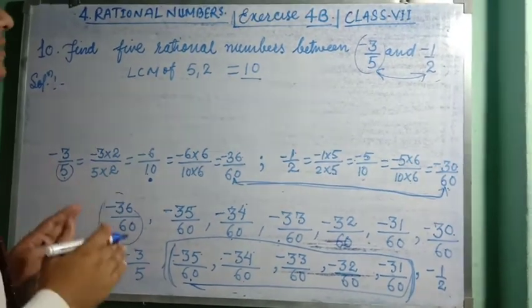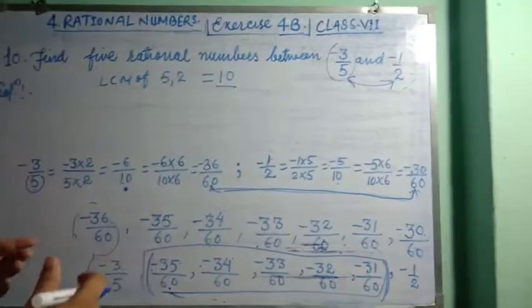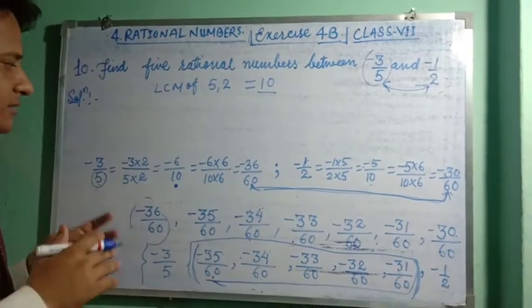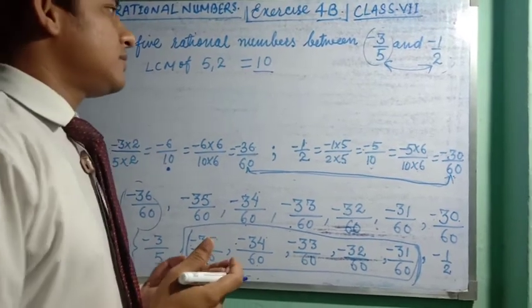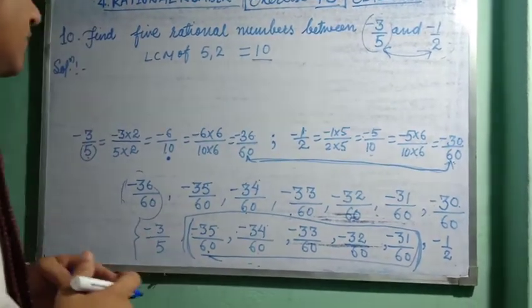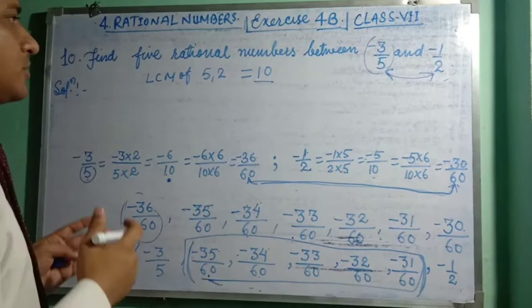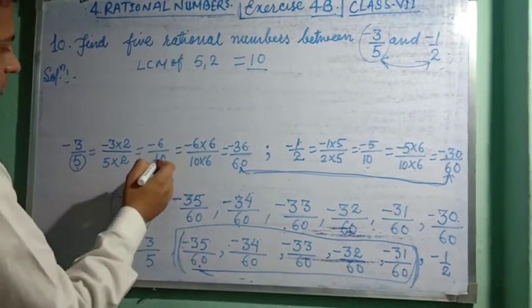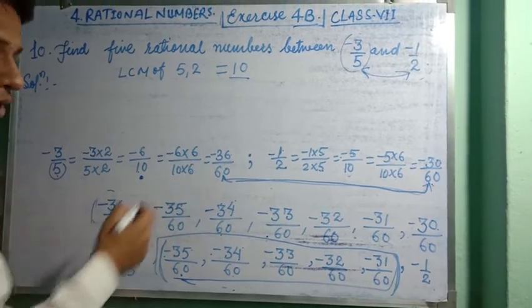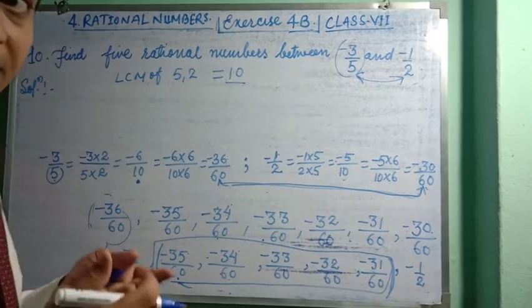First of all, find the LCM and make the denominators equal, then multiply by such a number to easily find the numbers between the two given rational numbers. I have already found the LCM, then multiplied by 6. You can multiply by 7, 8, 9, 10 and so on.